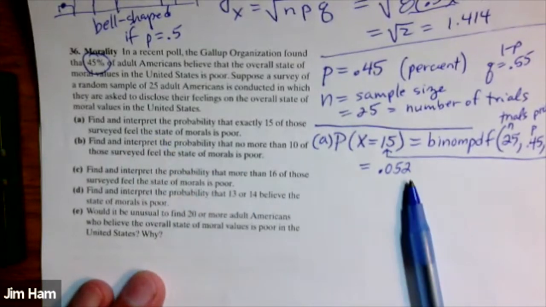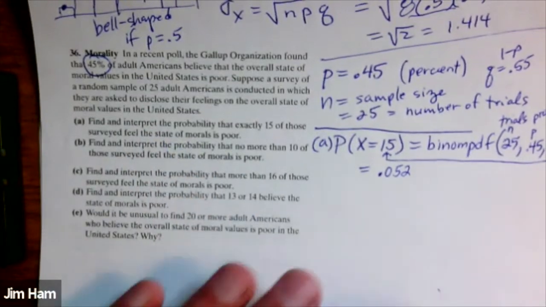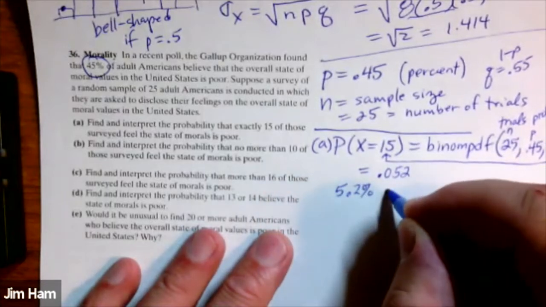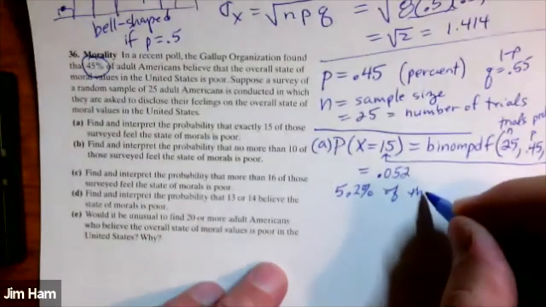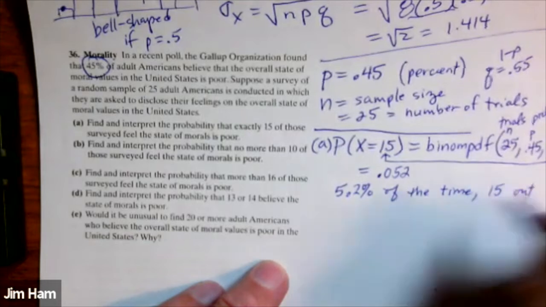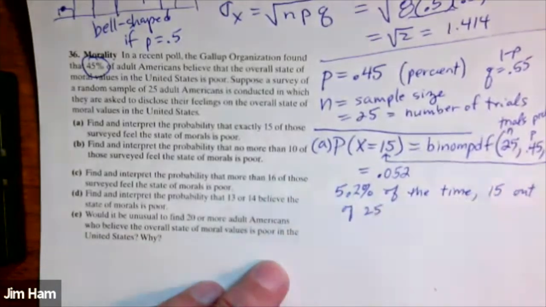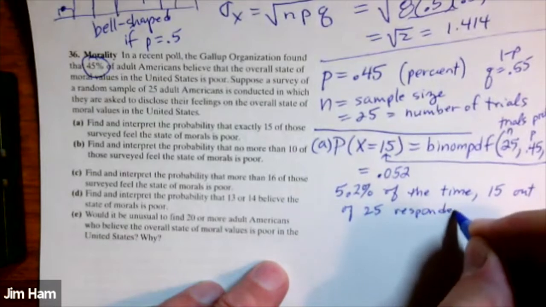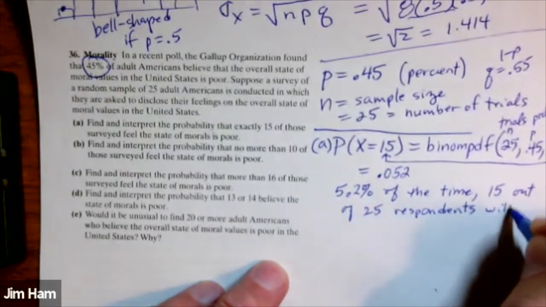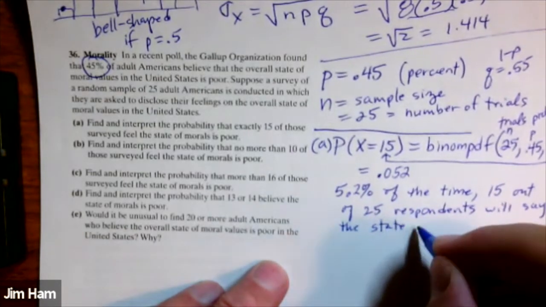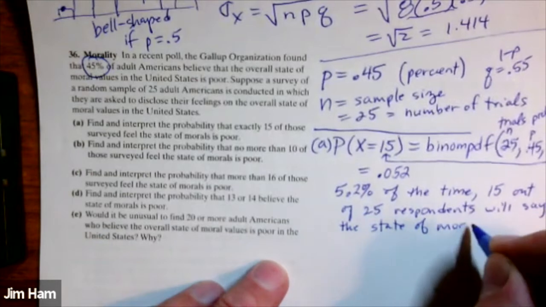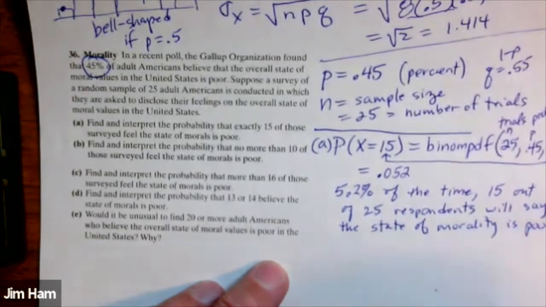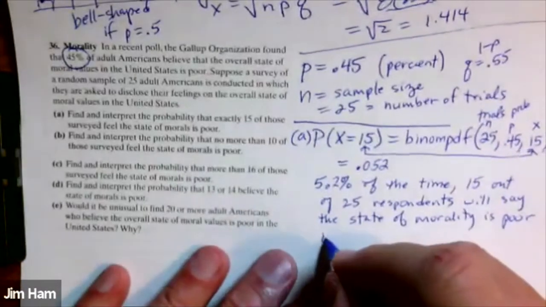We interpret these probabilities as percentages. So 5.2% of the time, 15 out of 25 respondents to a poll will say the state of morality is poor. And you can go into more detail, you know, in the US.